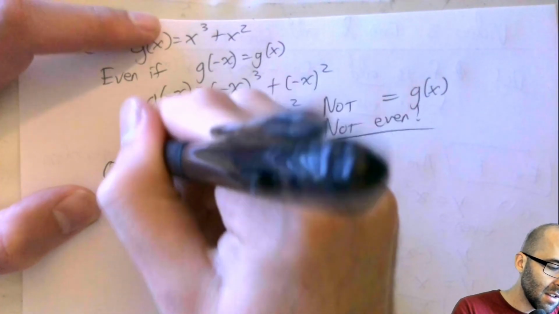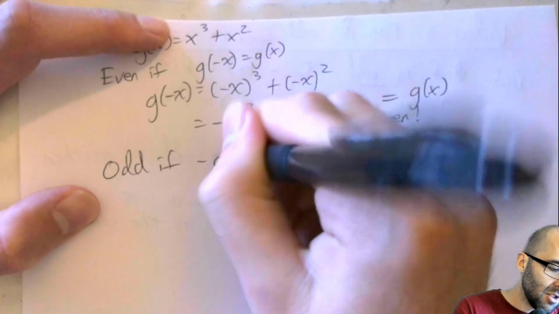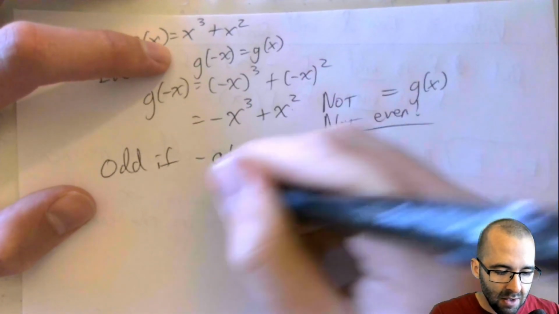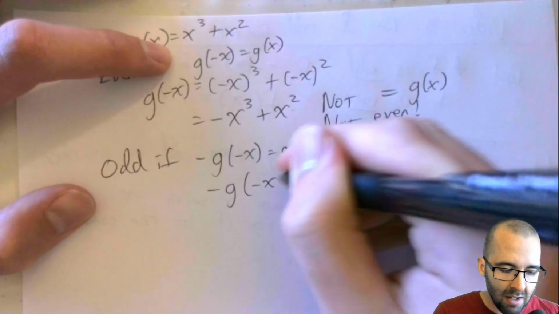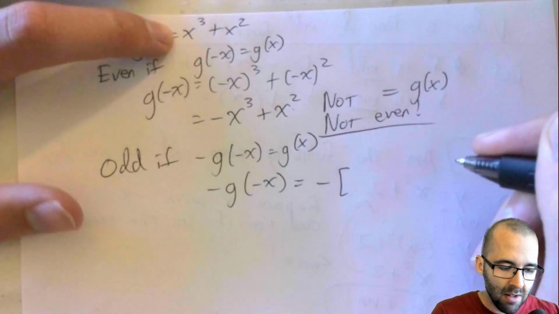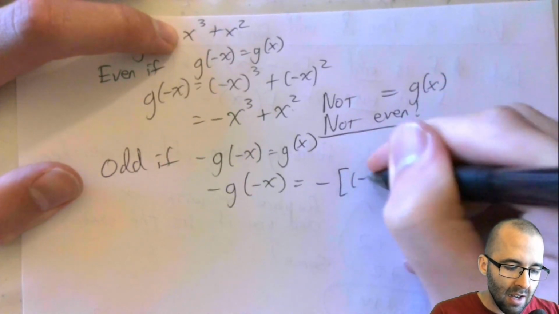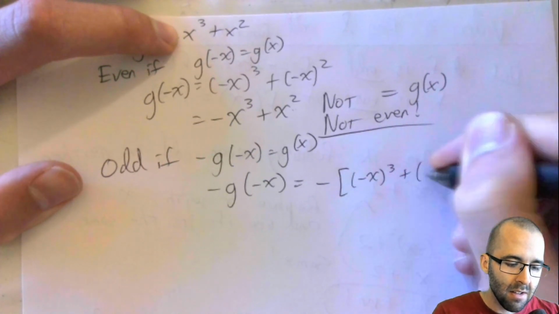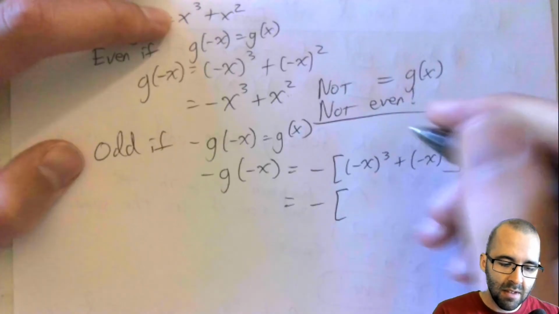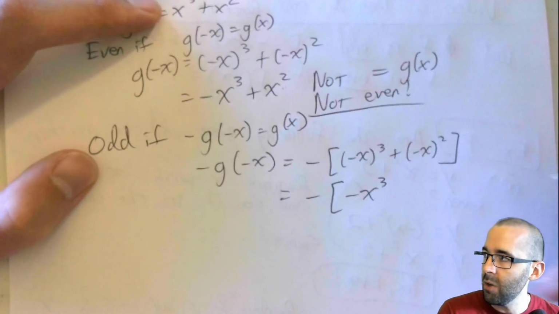Check if it's odd. It's odd if negative g of negative x is equal to g of x. So what is negative g of negative x? Going to be negative on the outside and then negatives on the inside. And simplify this. Again, this is still negative x cubed.